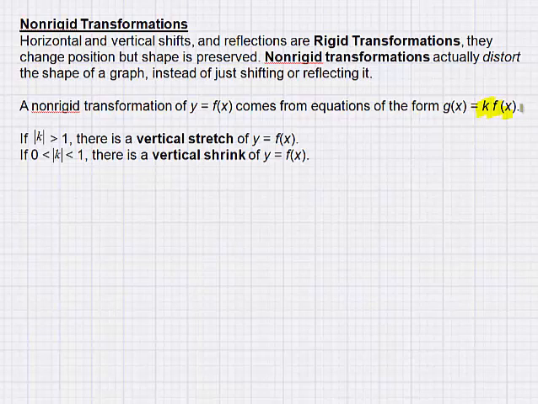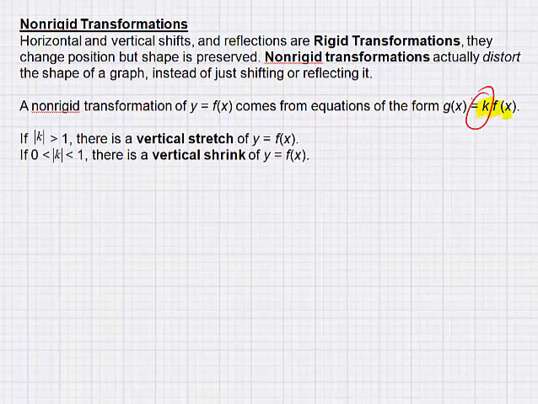So this k value right here, k times f of x. Whether that k value is bigger than or less than 1 is really going to be the determining factor of how your graph is altered.